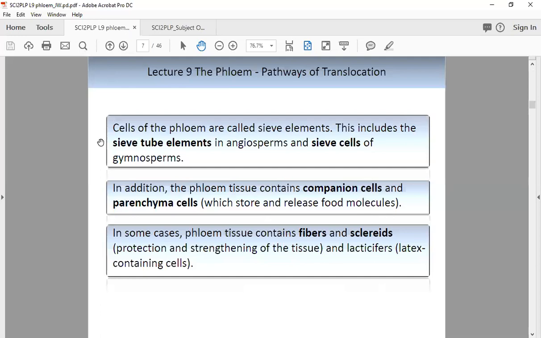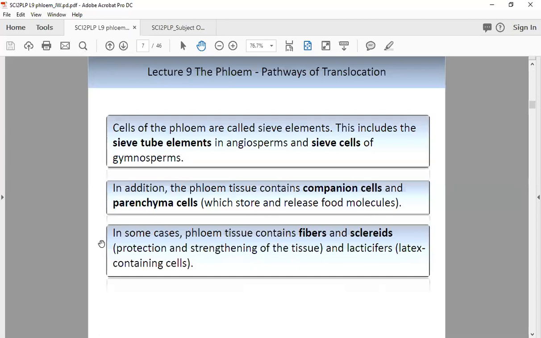We'll be focusing, of course, on the sieve tube elements tonight. But in addition, phloem tissue itself not only includes sieve tube elements, but also companion cells and parenchyma cells. The parenchyma cells are the ones that store and release our food molecules.